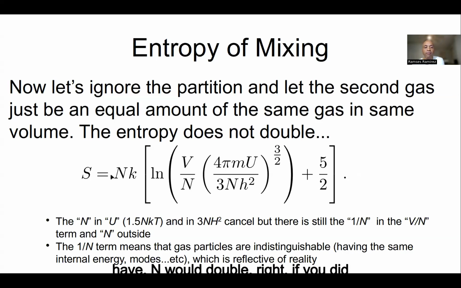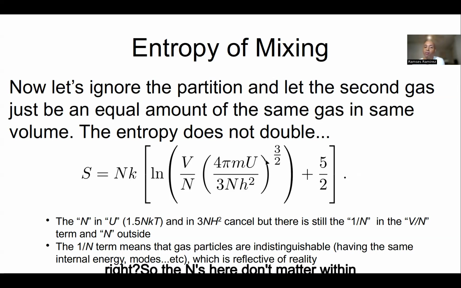So yes, N would double, right? That would be consistent with that. But look what happens here. U is 3/2 NkT, and even if you double N here, you've got a double N in the denominator too. So those N's cancel. But then there's another N here, right?